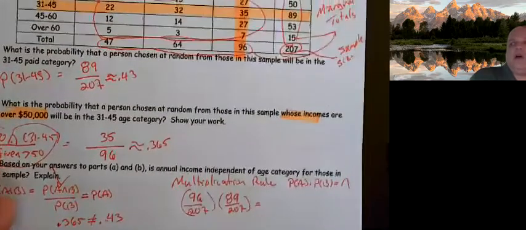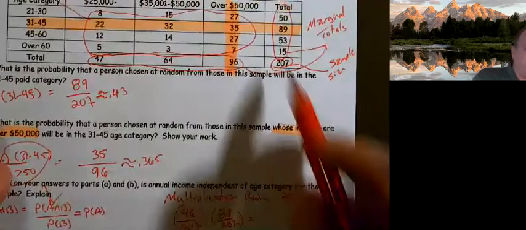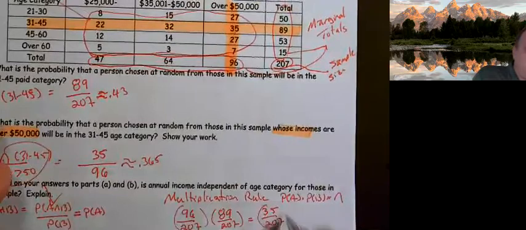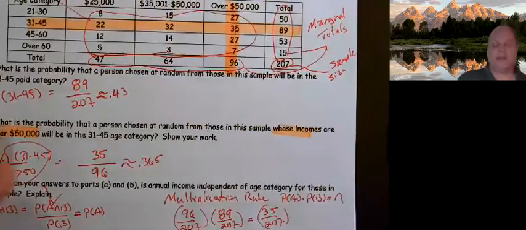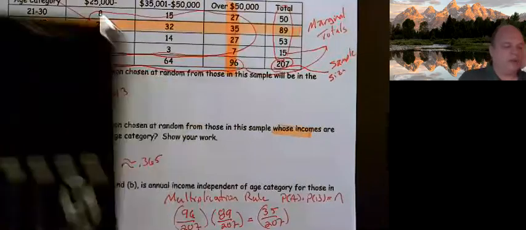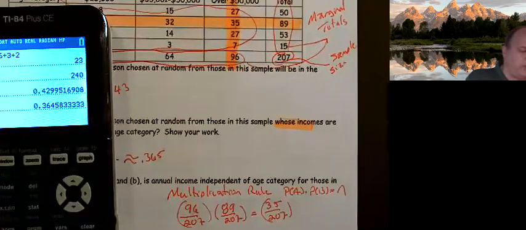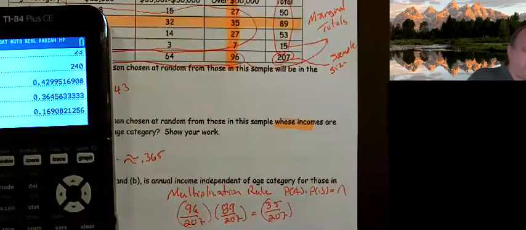And then we need to know if it equals the intersection, which is 35 over 207. Well, I don't know those numbers, so I'm going to start with 35 divided by 207, and that equals 0.169.